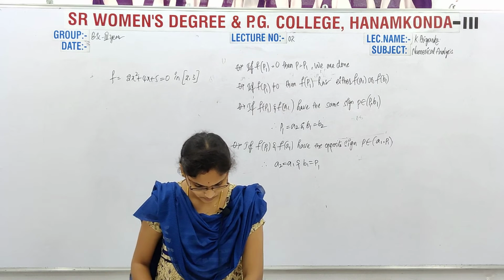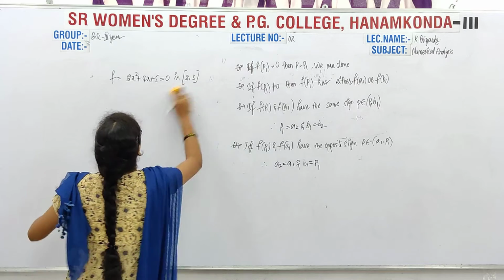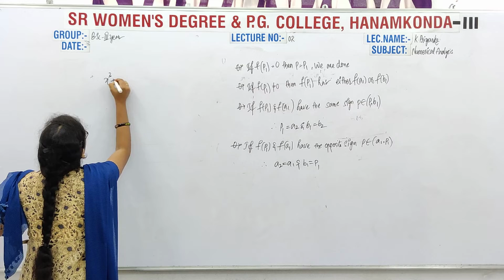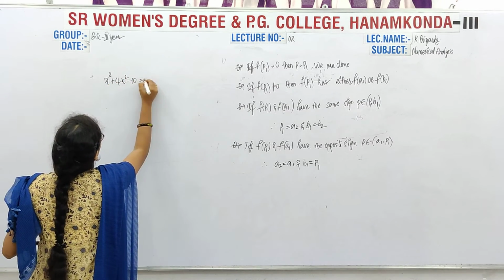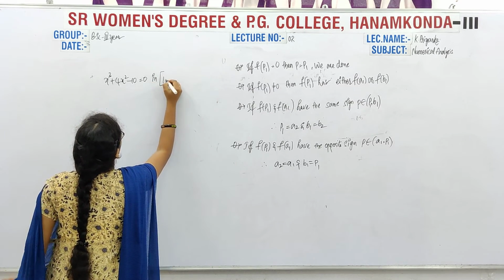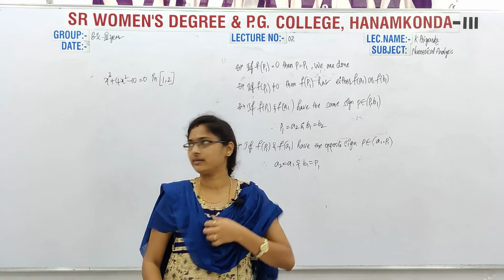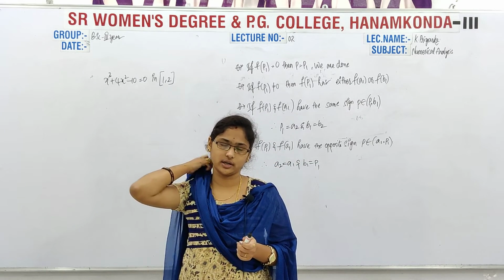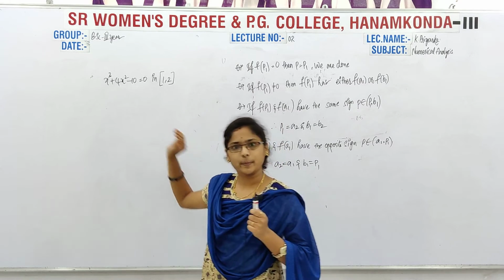Otherwise x cube plus 4x square minus 10 equal to 0 in closed interval 1 comma 2. So this is the equation, and the given interval is 1 comma 2. I am not going to start the problem yet. First of all I am just giving the clarity with numbers.